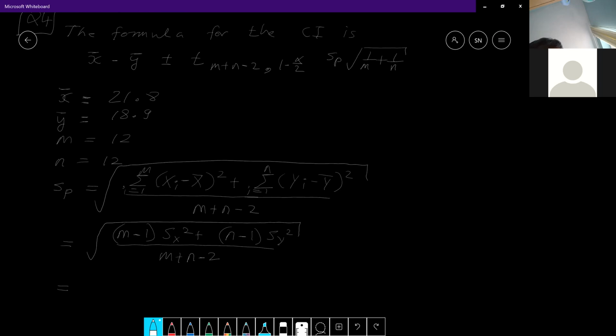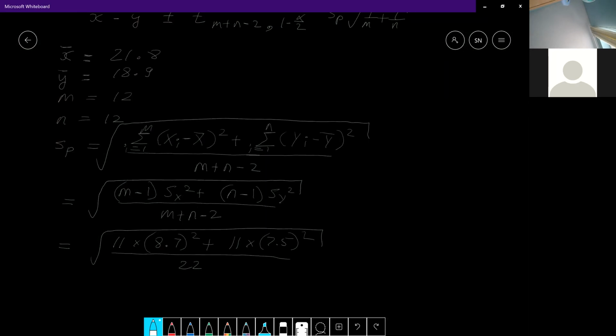So 12 minus 1 is 11, times Sx squared, which is already given in the question. If you go back, you will see it is 8.7 squared. Plus 11 times Sy squared, which is 7.5 squared. And then M plus N minus 2 is 24 minus 2, which is 22. Okay, so this is your SP.